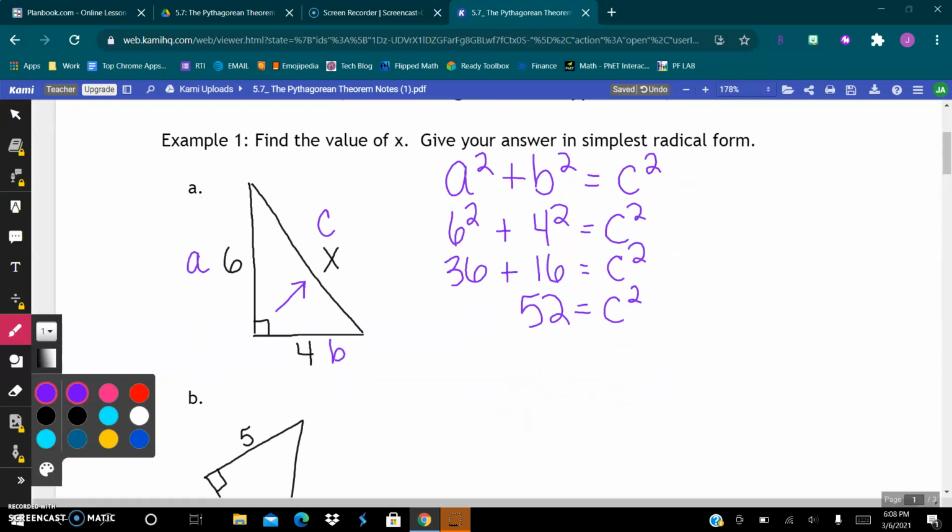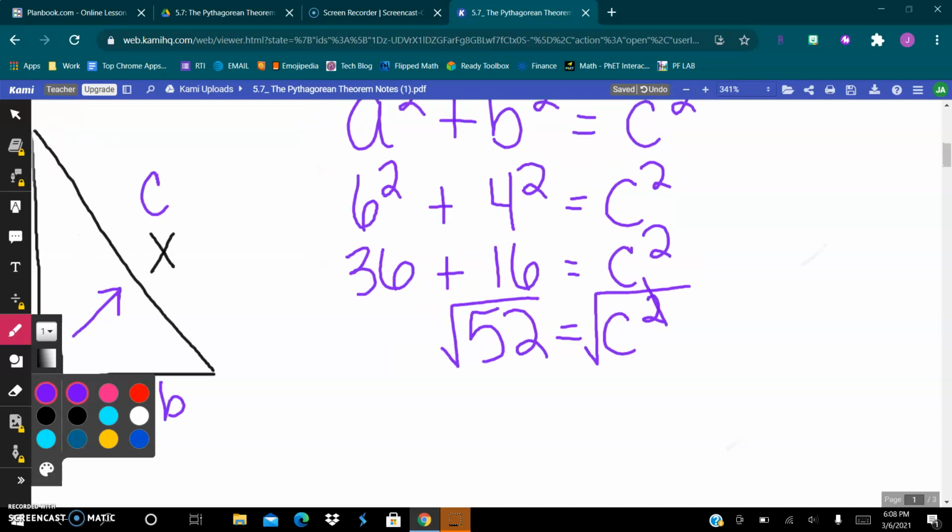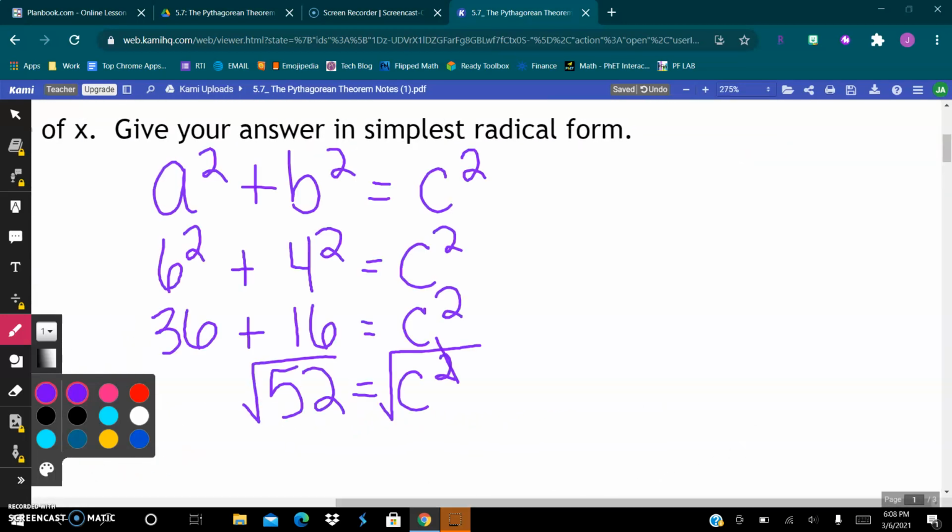Now we want to know what c is, not c squared. So to cancel out squared, we're going to take the square root of both sides. So that cancels that out. So c equals the square root of 52. So now I have to figure out how can I break up 52?